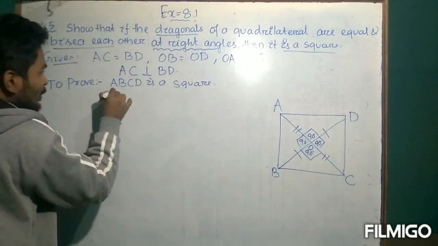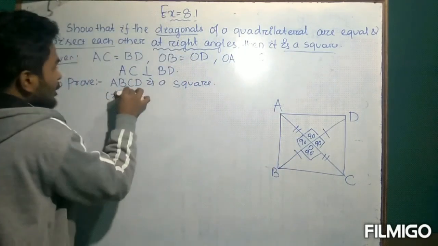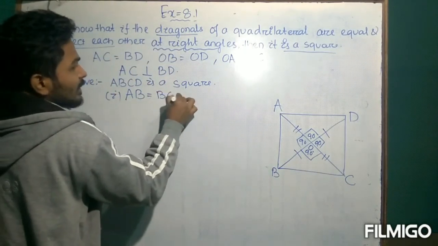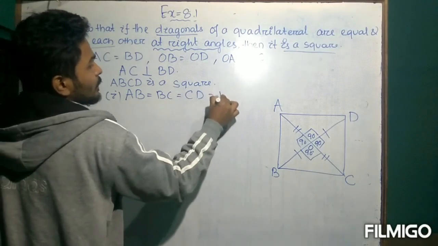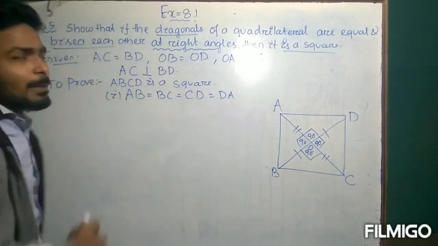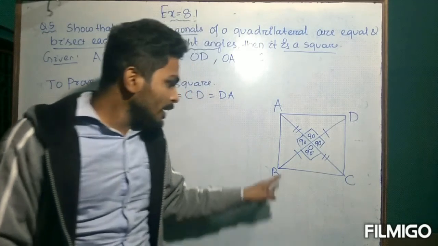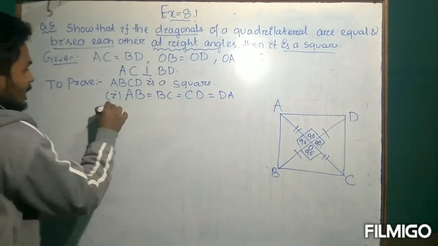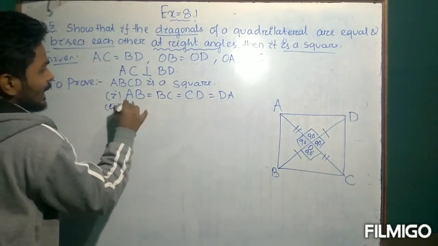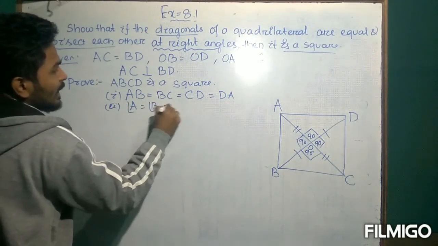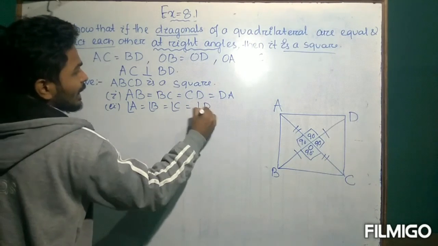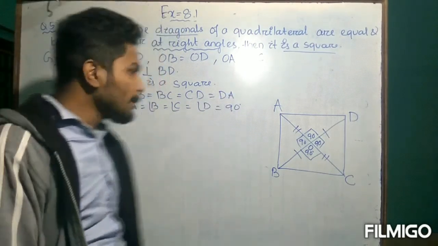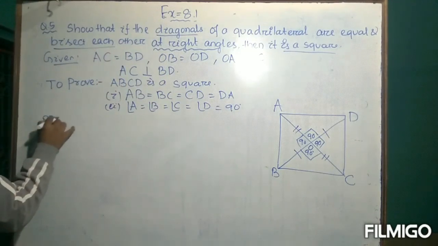AB is equal to BC is equal to CD is equal to DA. Not only this property, but also we have to prove that each angle is equal to 90 degree. So we have to prove angle A, angle B, angle C and angle D is equal to 90 degree. Okay? So let us prove.